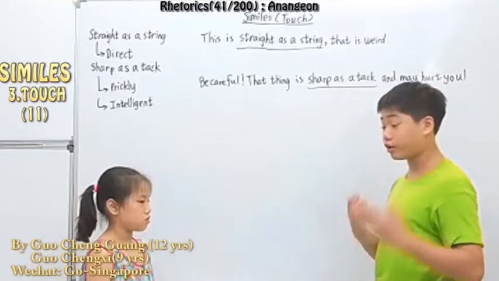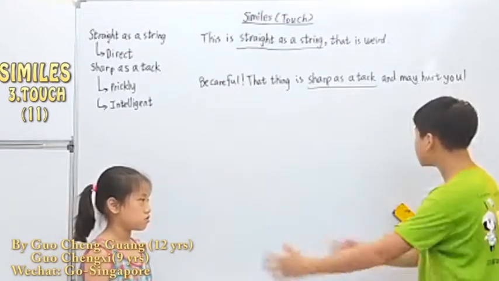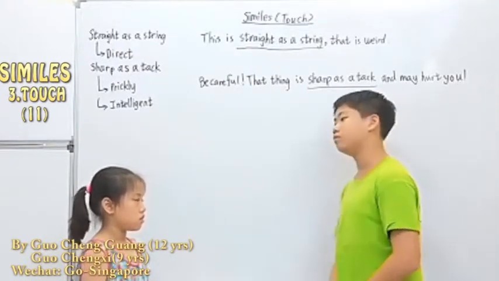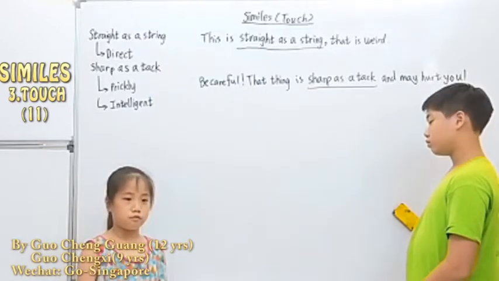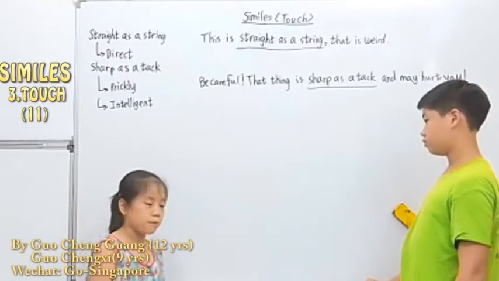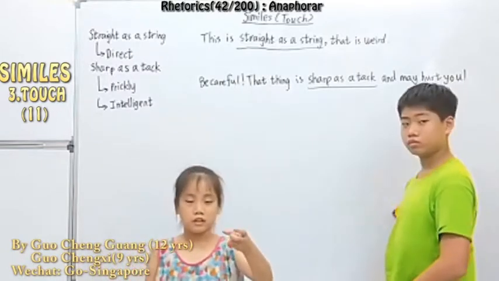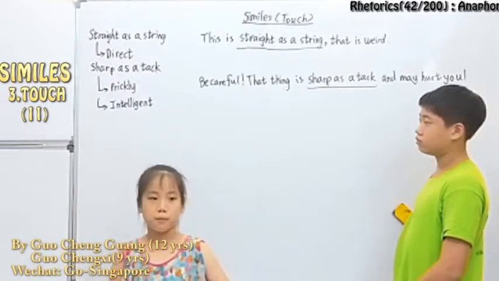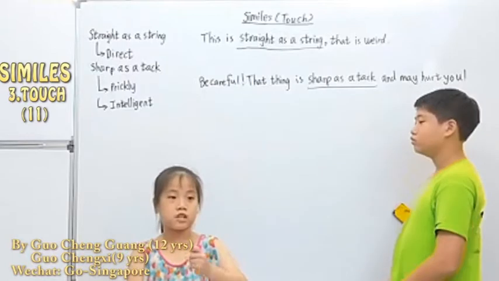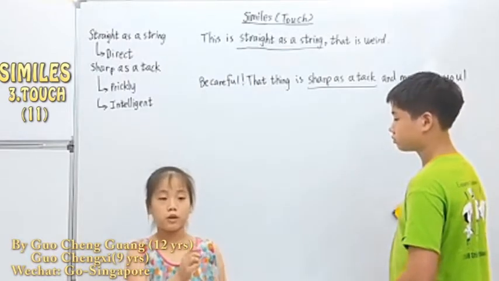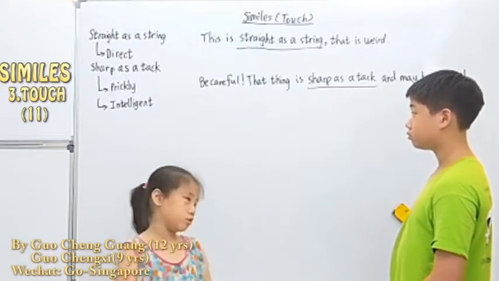But very quickly, that thing is sharp as a tack and may hurt you. Actually, with a lot of roses you might not touch them barehanded when you buy them at the shop, because a lot of times there's a wrapper around so that you won't get pricked.